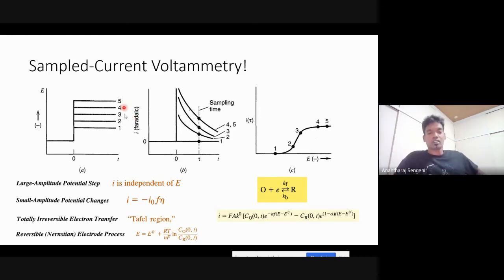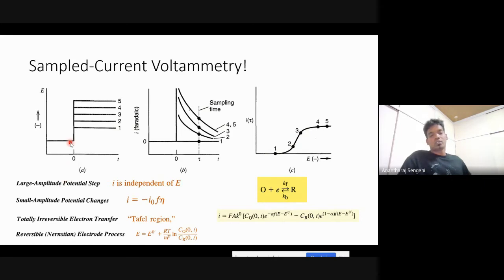So there are a few conditions we should be thinking of. We can either step up the potential little by little, and we can see the current response, and we will be able to construct a sampled current voltammogram such as this one.